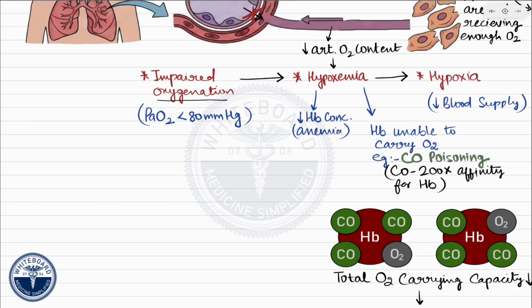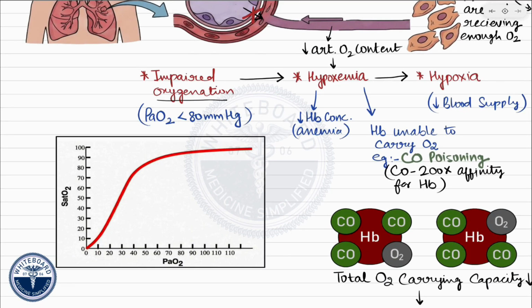For example, imagine a patient has a PaO₂ of 65 millimeters of mercury. This tells us that oxygen transfer from the lungs is impaired, but the hemoglobin may still be more than 90% saturated, and if hemoglobin concentration and cardiac output are adequate, the tissues may still receive enough oxygen.